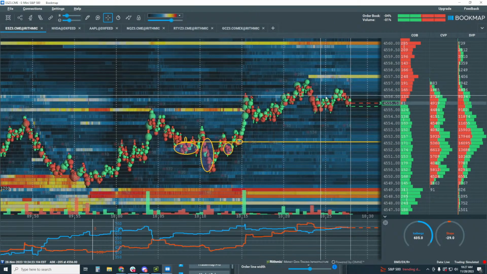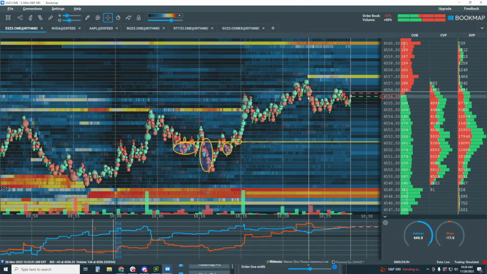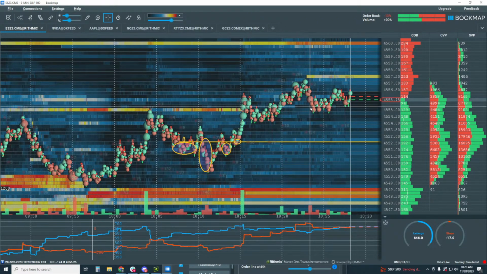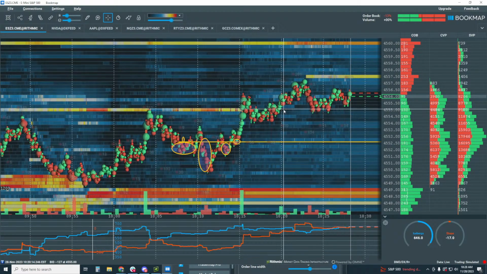So yeah, it's up there at that 55 level, and it's kind of exploring even further now. So in your trading plan, what you would be looking for is for it to pull away from this 55 level in here.